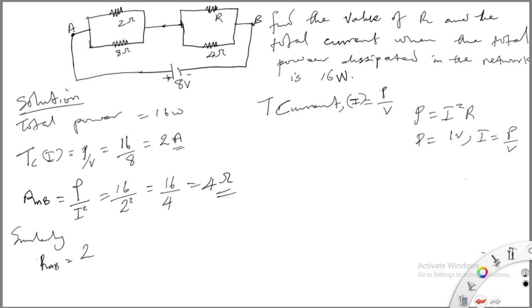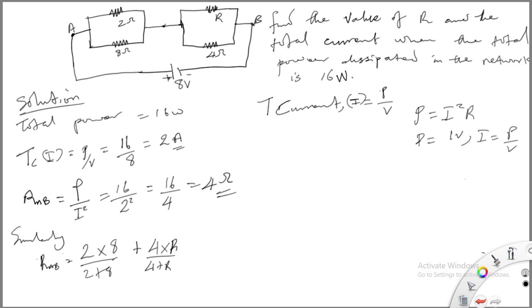So now what we will do is treat them respectively. 2 times 8 over 2 plus 8, right? Plus 4 times R, the second side, over 4 plus R. I hope you know what I'm doing and you're understanding what I'm doing.